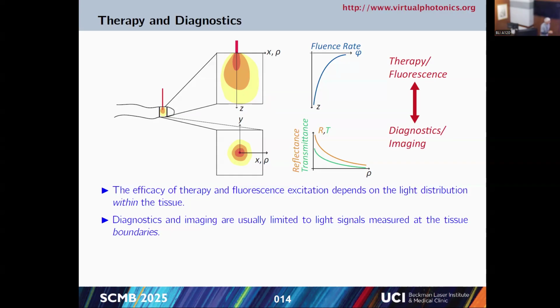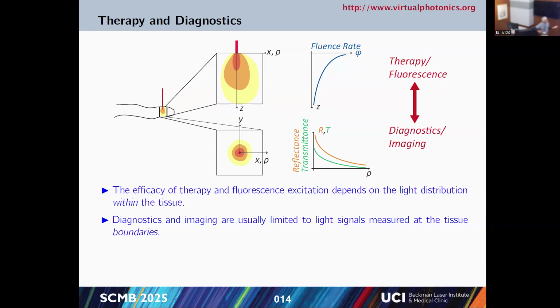And so you're only limited to measuring that, and then you want to infer something about what's in this volume. So what's interesting is that these are two different light fields. Obviously, in diagnostics you're interested in either reflectance or transmittance or both, while for therapy you're interested in the internal fluence. But there's an interplay between the two, right?